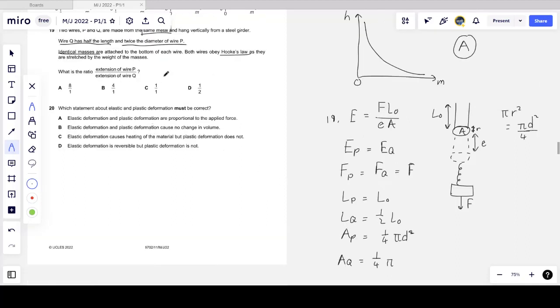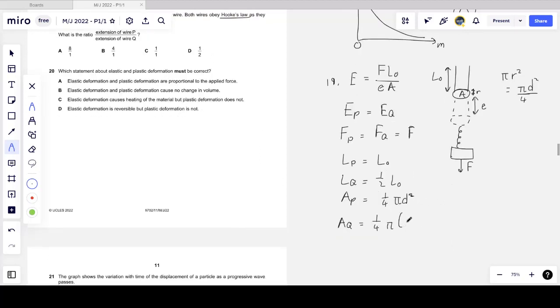Now remember that Q has twice the diameter of P. So it's 1 over 4 pi, and now multiplied by 2d all squared. We have to double the diameter. Okay, and so what happens is this simplifies to pi d squared.